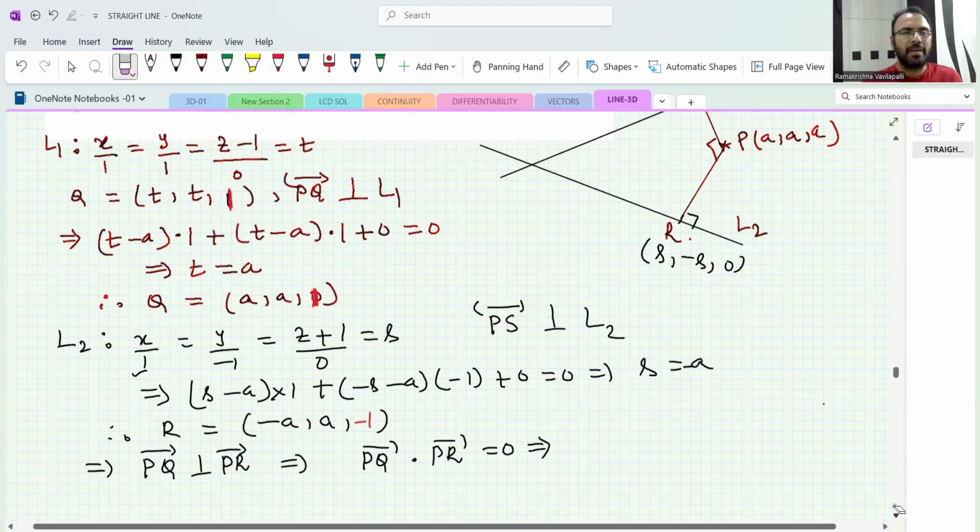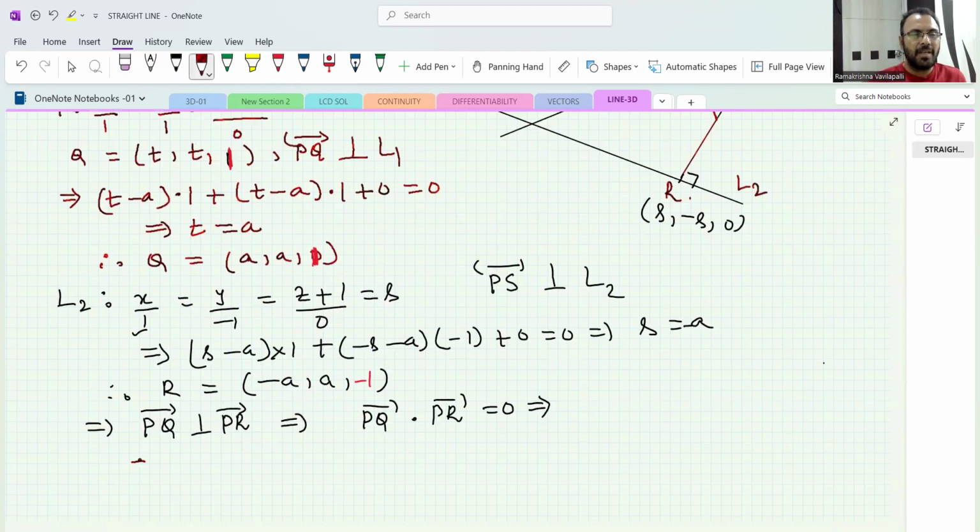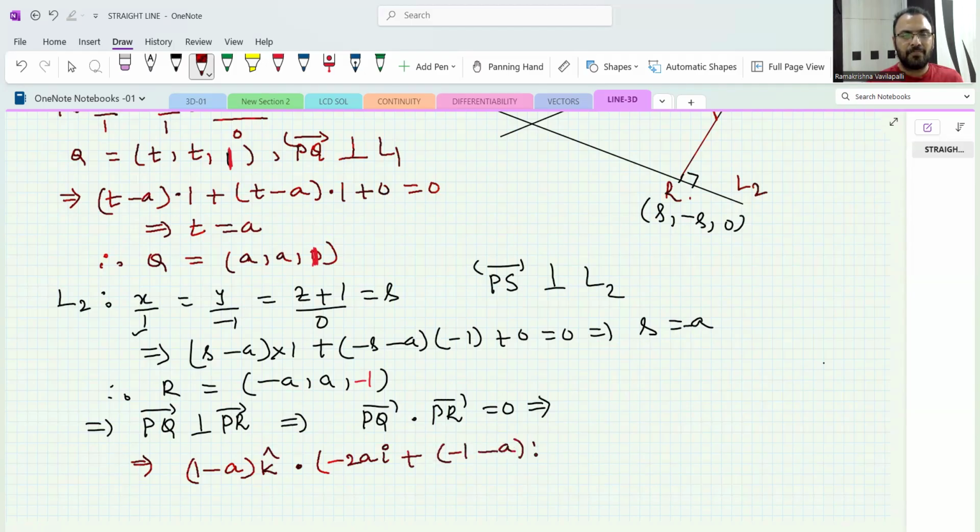So PQ bar vector is nothing but (a minus a) i plus (a minus a) j plus (1 minus a) k cap, dot the PR bar vector, which is minus 2a i plus (minus 1 minus a) k cap, equal to 0.